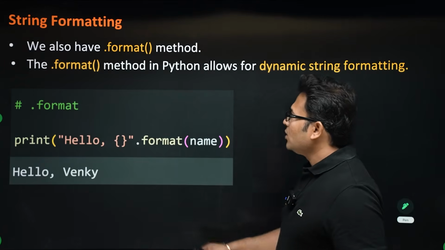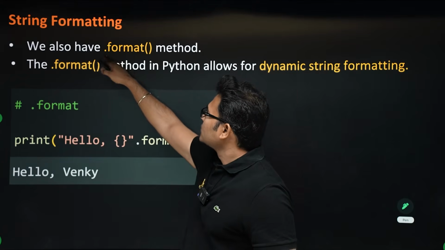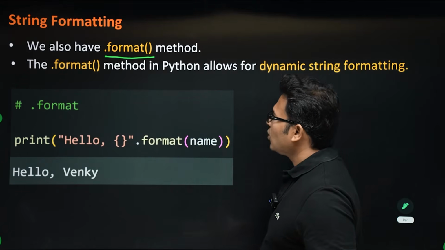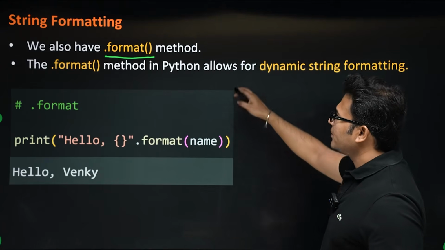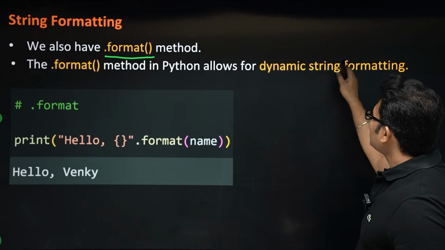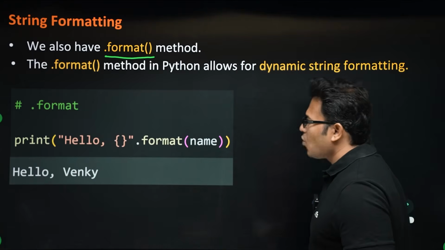Now we also have the dot format method. The dot format method in Python allows dynamic string formatting. So what does it mean?